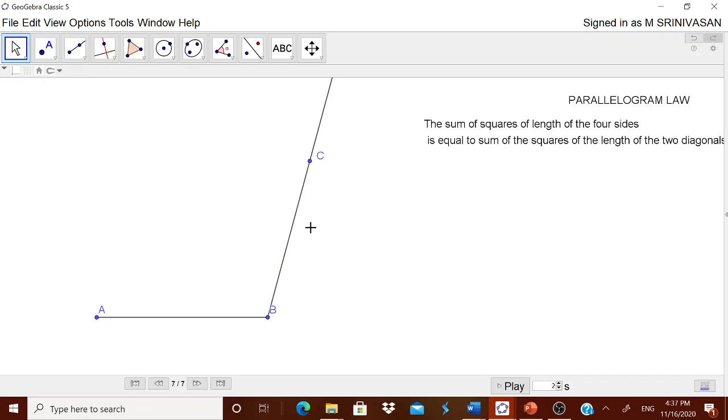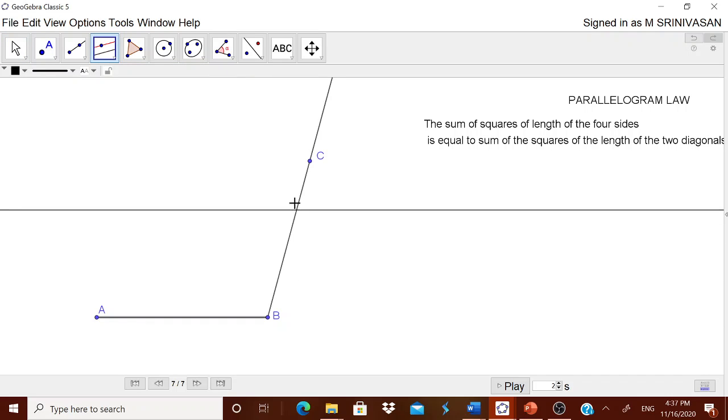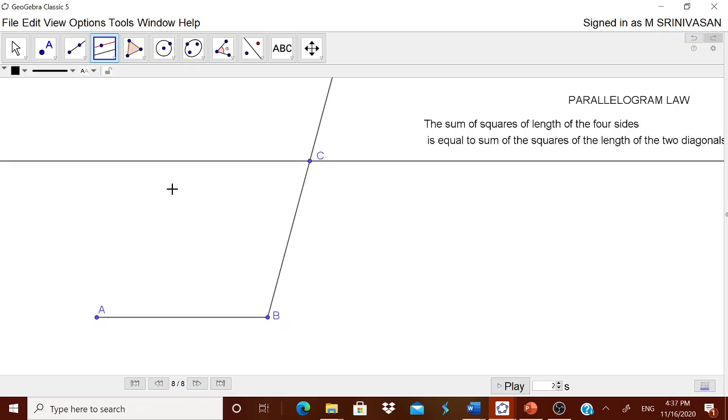Okay, now C is there. Now I will draw one parallel line. These are all parallel lines. Parallel line to AB through this C. Once again I will draw another parallel line to this BC through this A. They meet at D.